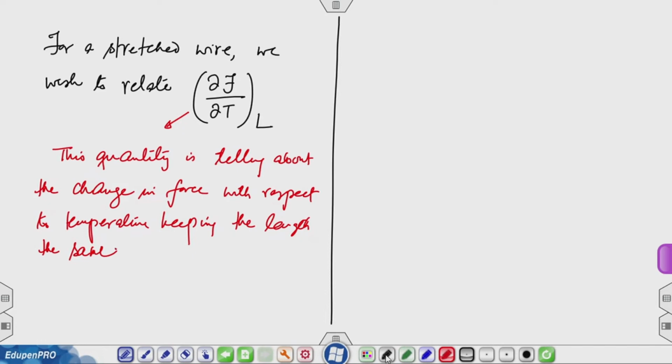So suppose I have a rod fixed between two walls so that its length remains the same, and you increase its temperature.